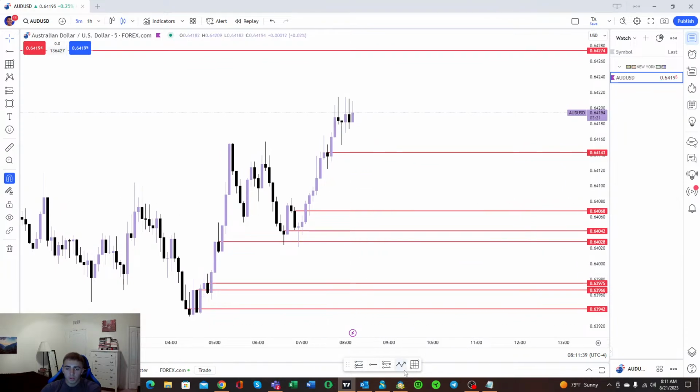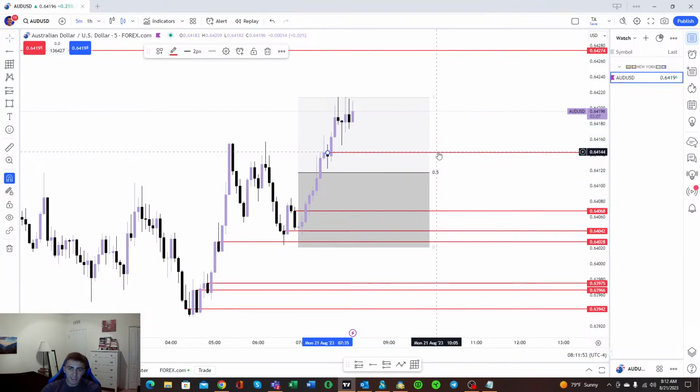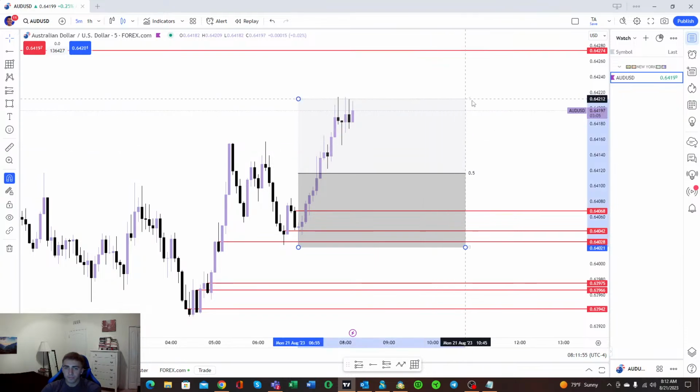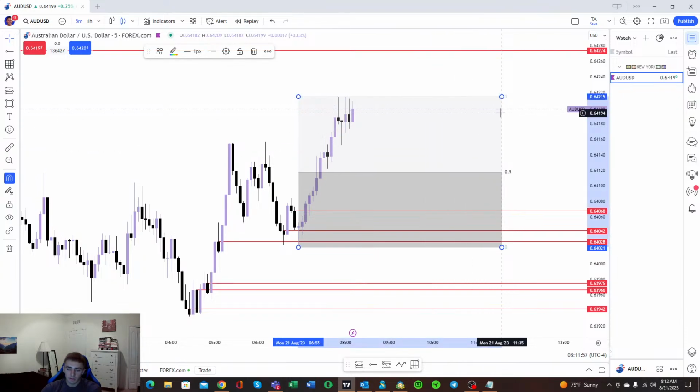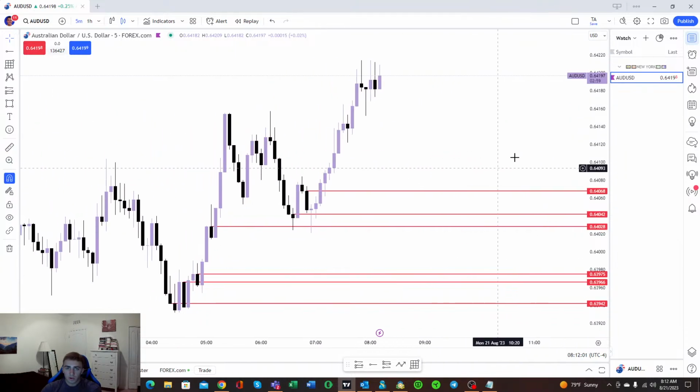So this push right here, we don't really want to be buying in the top half, right? So this zone isn't as appealing.